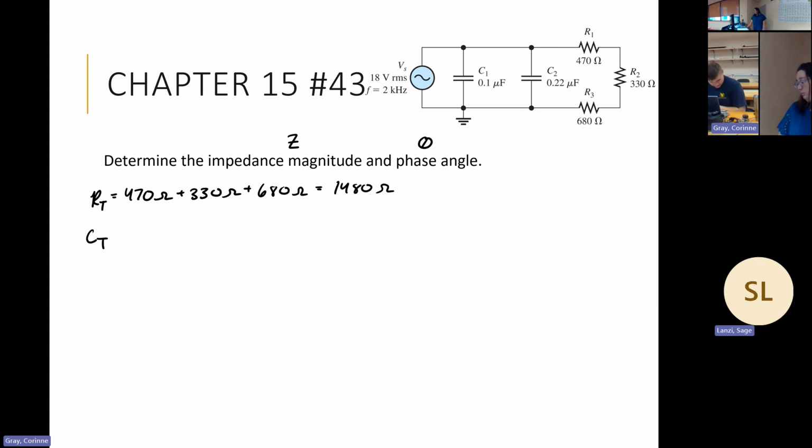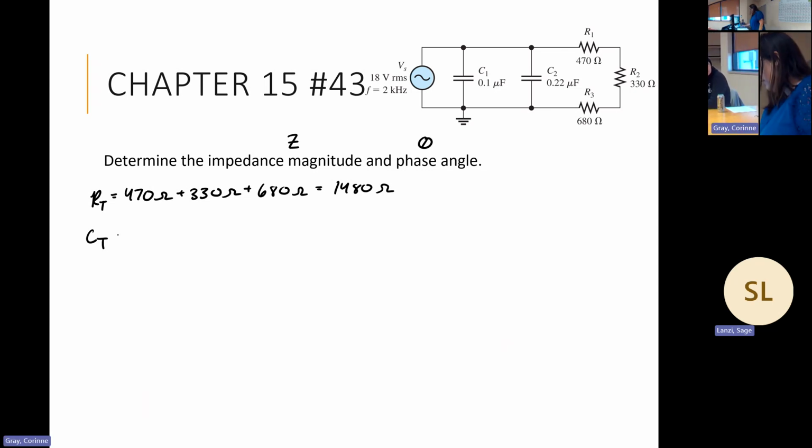They're also both in microfarads. So we are able to keep it that way. If I'm going to solve for XC, I need to have my value in farads. So we can convert them both and then do the total value, or we can do the total, then convert. Sure, you can do it that way.